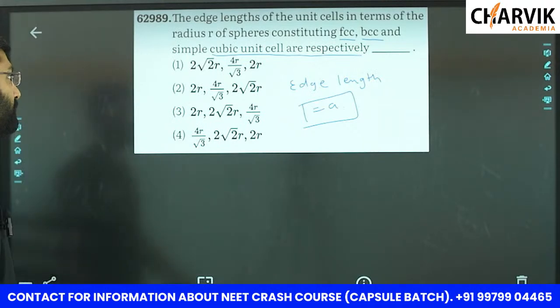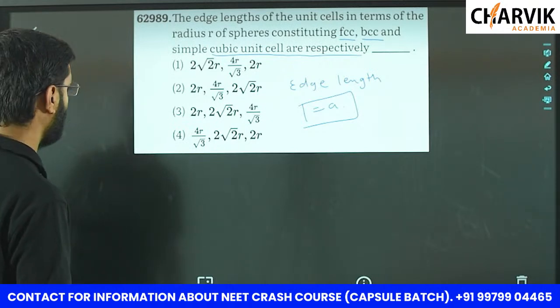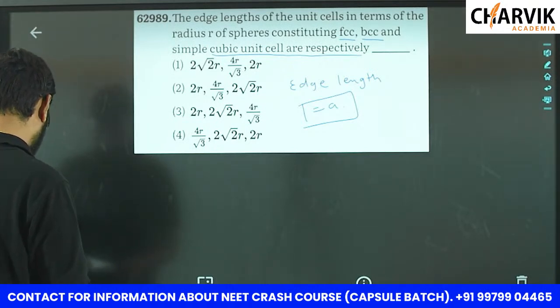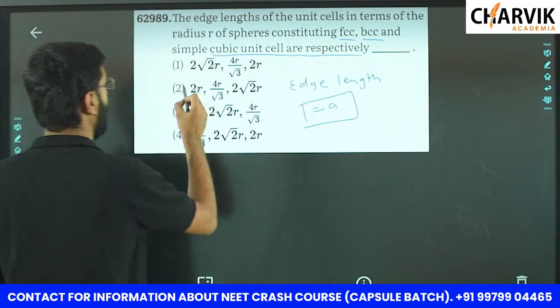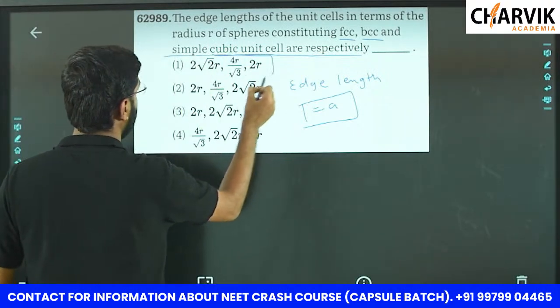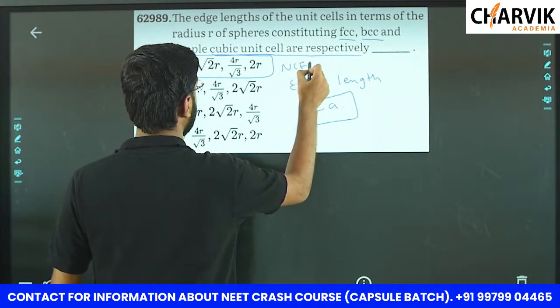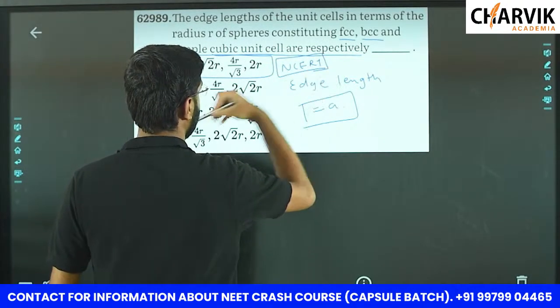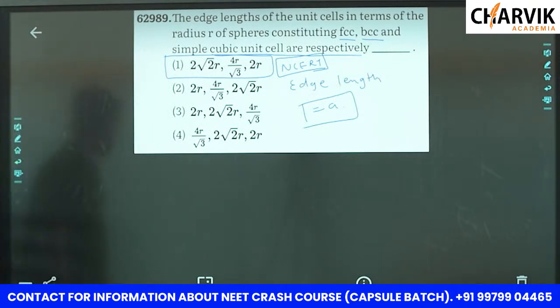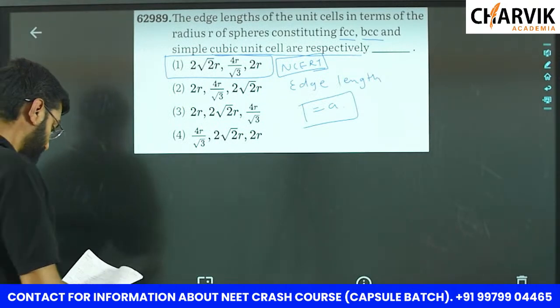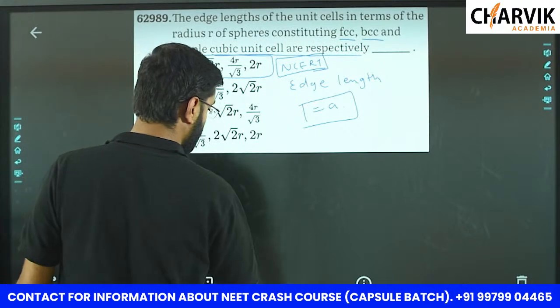So very simple question, and your answer is 2 root 2r, 4r by root 3 and 2r. Right? This one is also from simple NCERT. Okay. Move to next question.